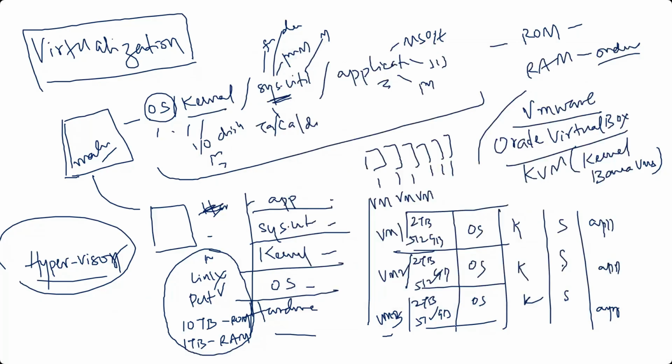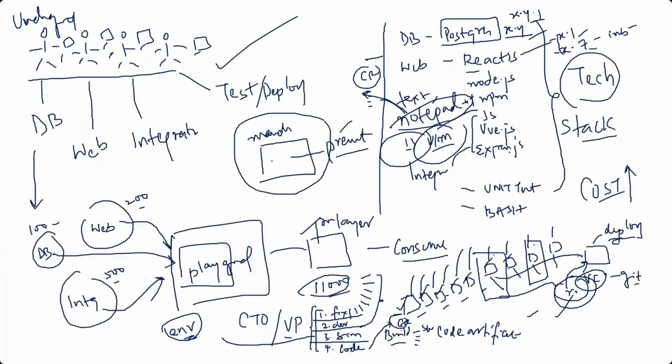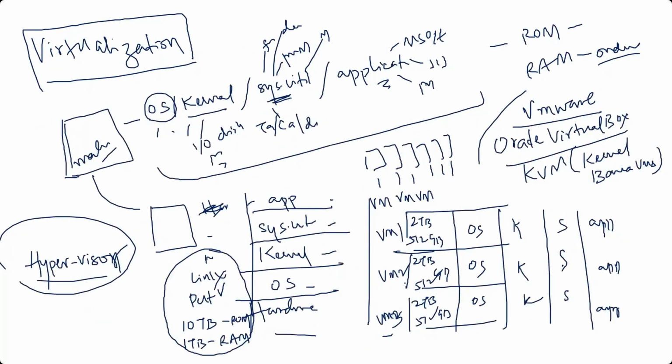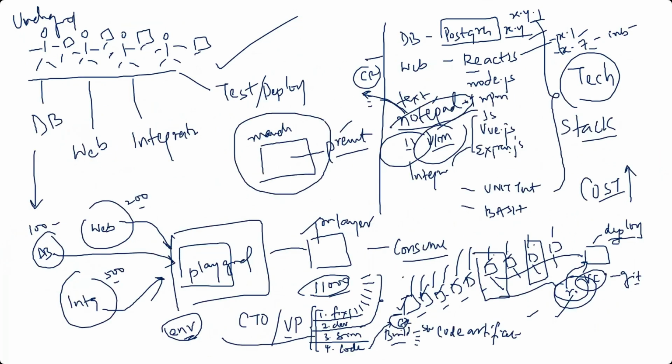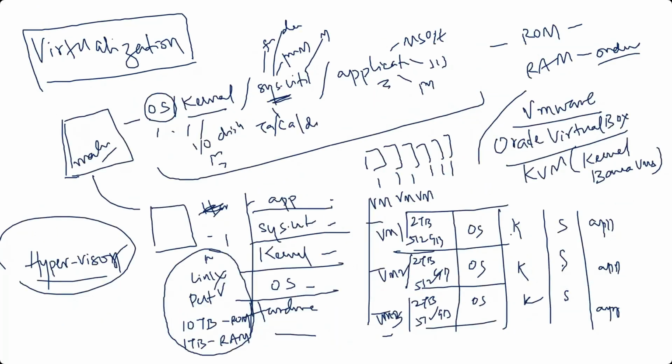Okay. Now this way they solve one problem. What is that problem? You don't need to buy too many machines and too many licenses; you buy once and create as many VMs as possible. The primary advantage of this approach is that if you have an issue with a virtual machine, you can kill it.